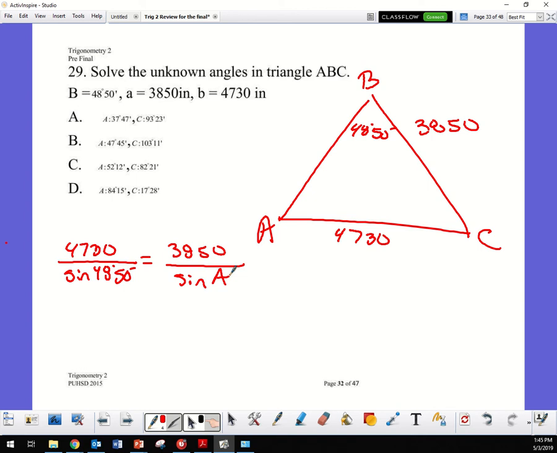Now do my cross products. 4730 sine of A is equal to 3850 sine of 48 degrees 50 minutes. I'm doing the whole thing because some people forgot.